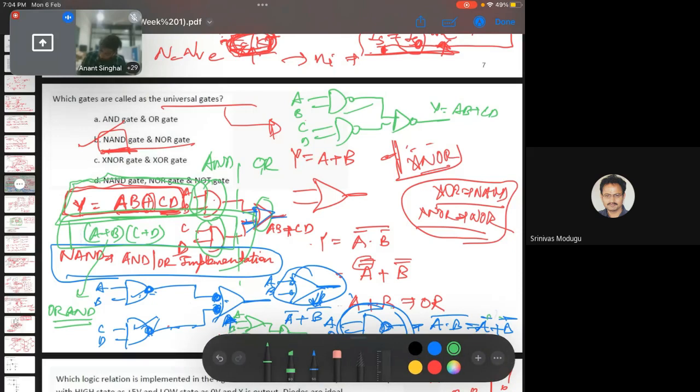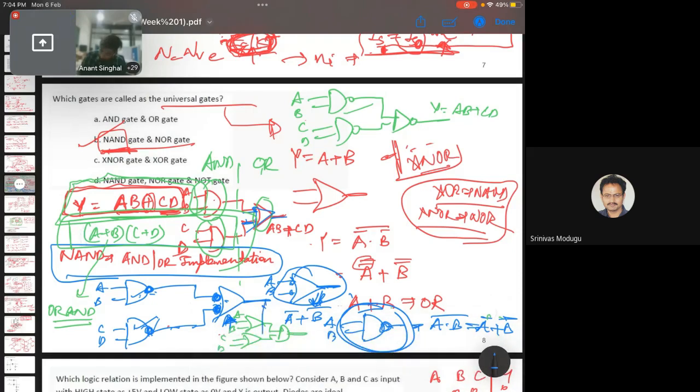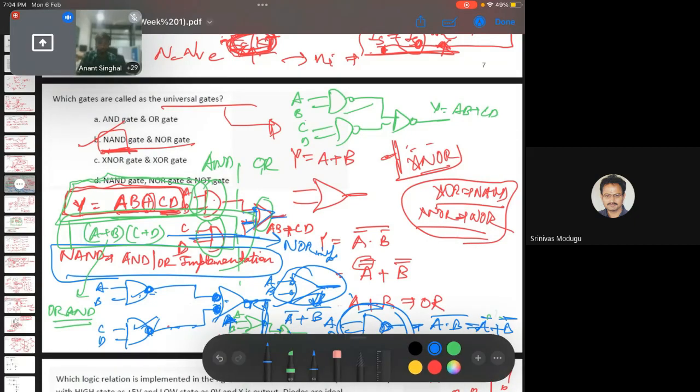So this is nothing but OR and this is nothing but AND. So try to make this using NOR implementation at home. You need not do anything, you just need to bubble them and check the logic. It will be very easy. So this is how we can make any logic using the NAND and NOR gates.